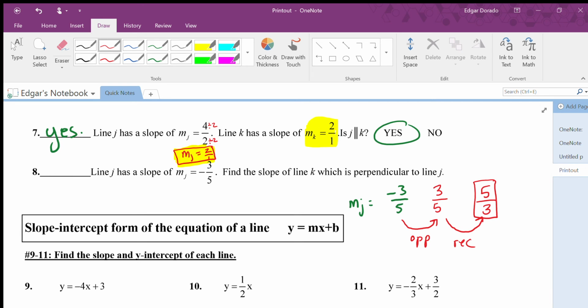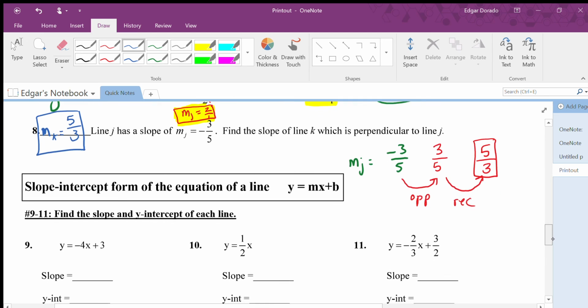So line K must have a slope of 5/3. Okay. So I hope it's starting to make a little bit more sense, guys, but definitely keep that in mind.